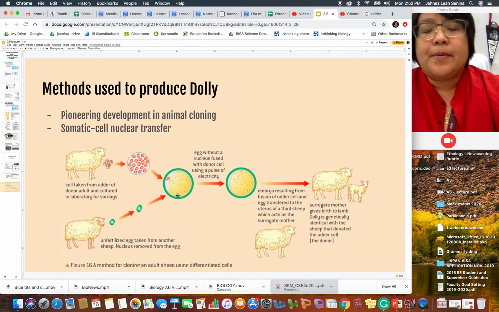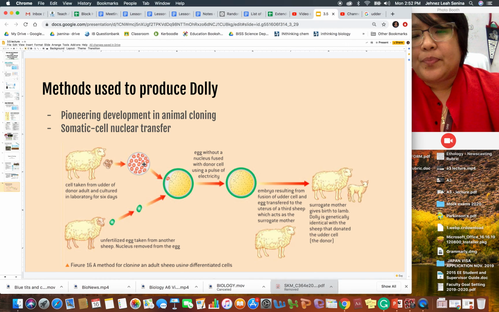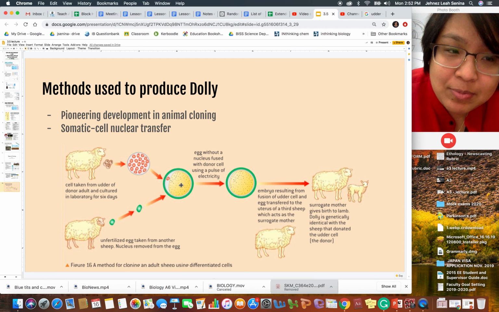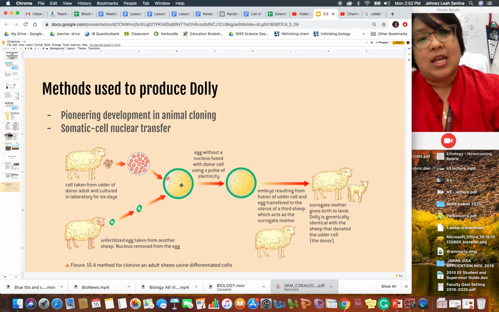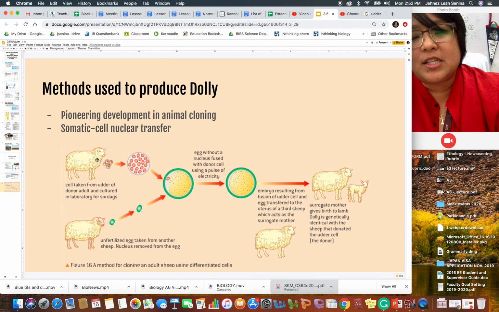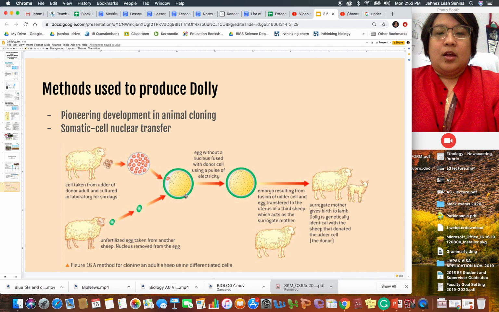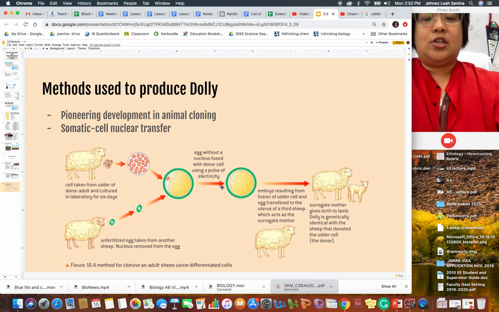And then they introduce electricity, and the cells from the udder went inside this empty egg. In other words, the nucleus of this empty egg is the nucleus of the body cell of the sheep.